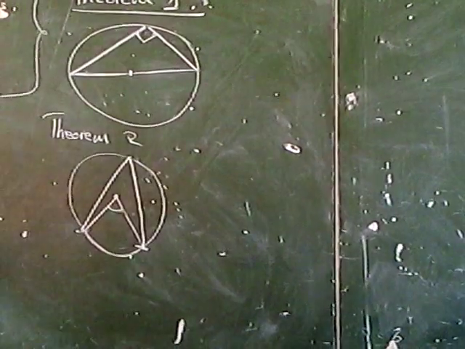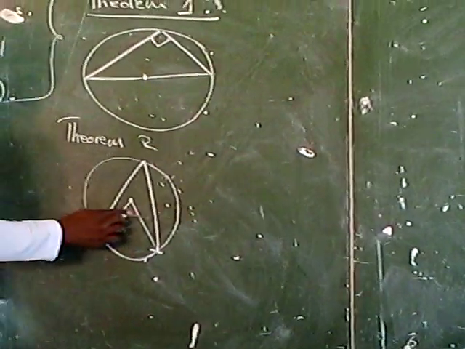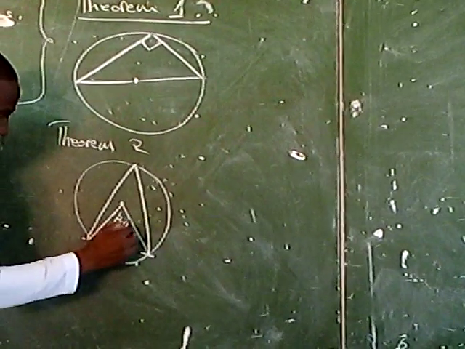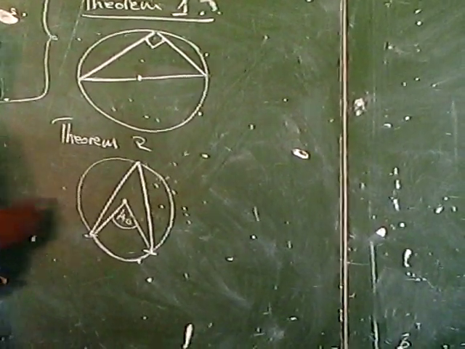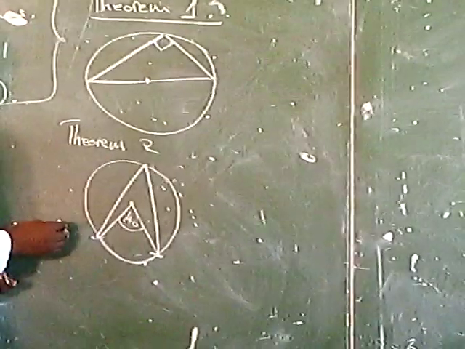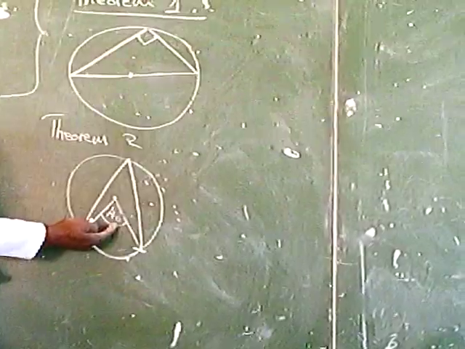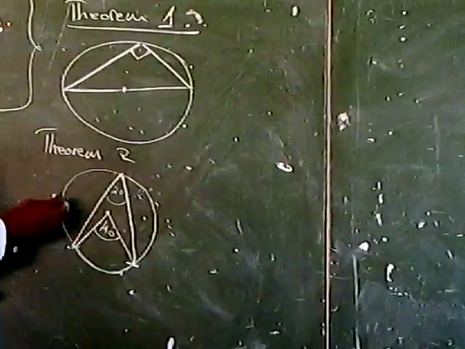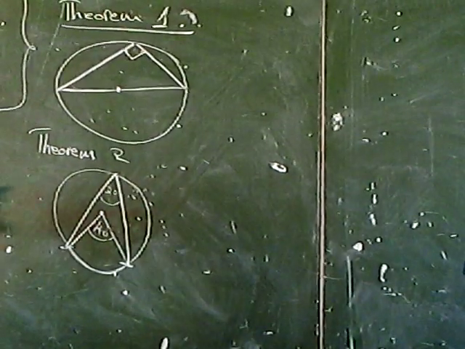This simply means that if the angle formed in the minor sector is 40 degrees, the angle that will be produced at the circumference will be half of this angle. And half of this angle is 20. That's what we did look at. That is theorem number 2.